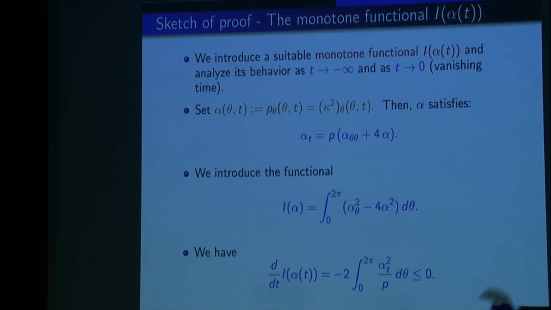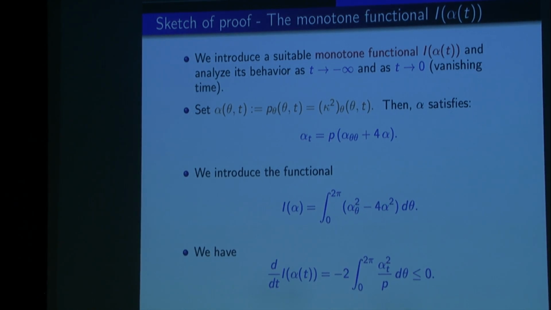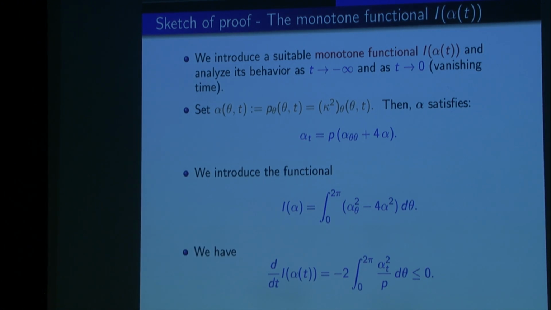It's a straightforward calculation. By the way, I will post notes as well, so you can see the calculation yourself. This is a very standard calculation with this equation. So we know that we have a nice monotone quantity.